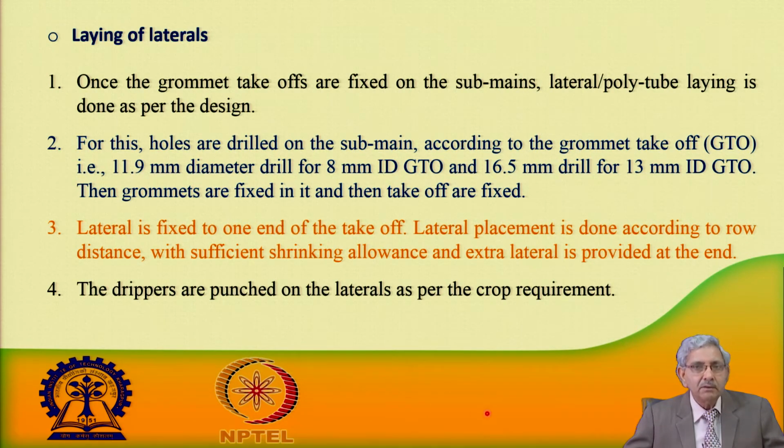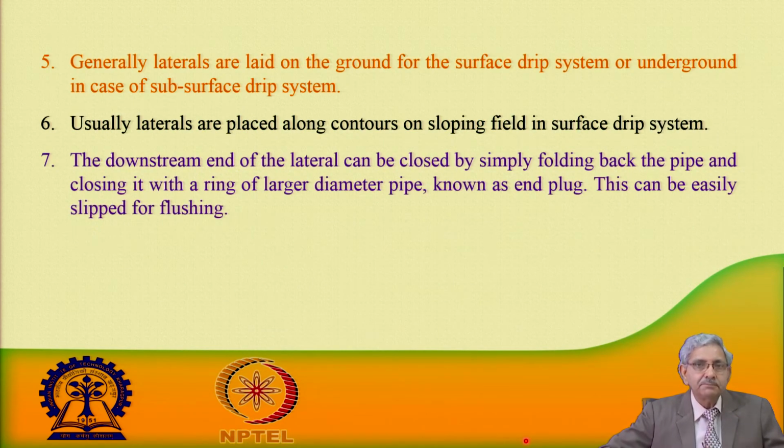The drippers are punched on the top of the lateral as per the crop requirement. So, the size of the dripper, and particularly the direction of the flow, is also important. It can be taken care of depending on the type of drippers.